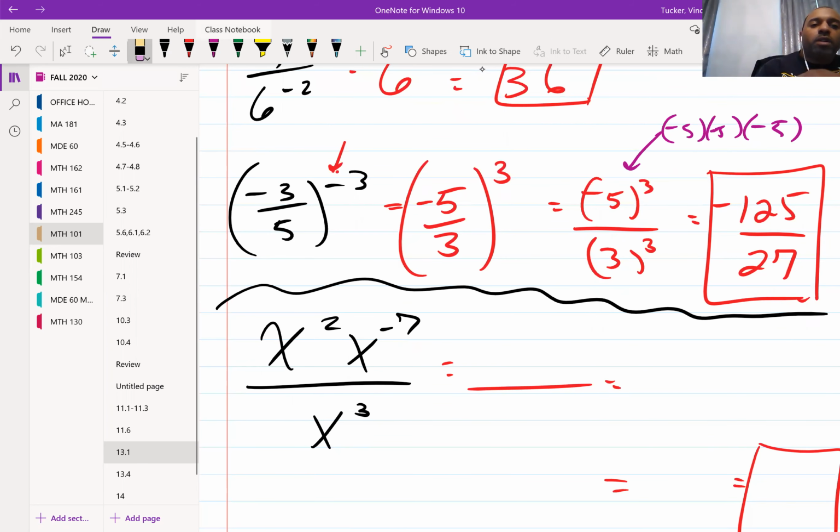So don't forget, whenever multiplying your variables, you're going to add your exponents. So you're looking at 2 plus negative 7. And so that'll be x to the negative 5th.